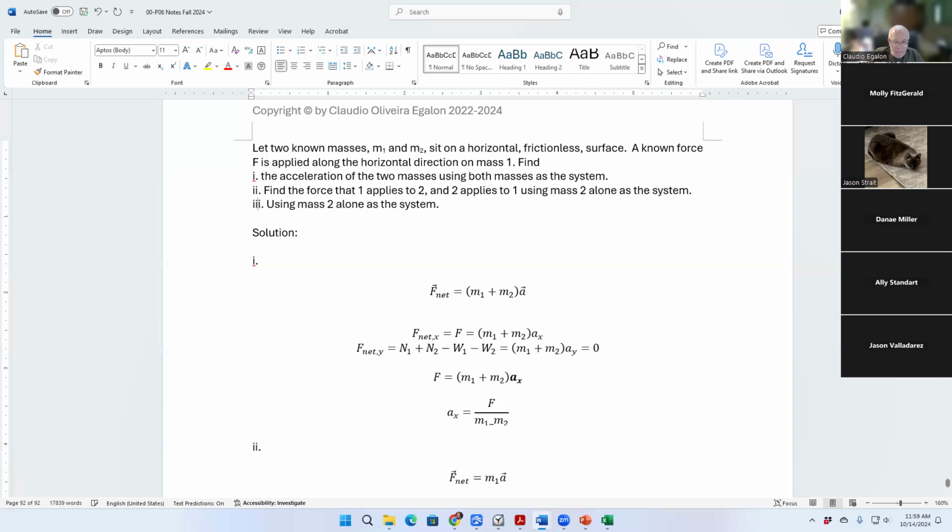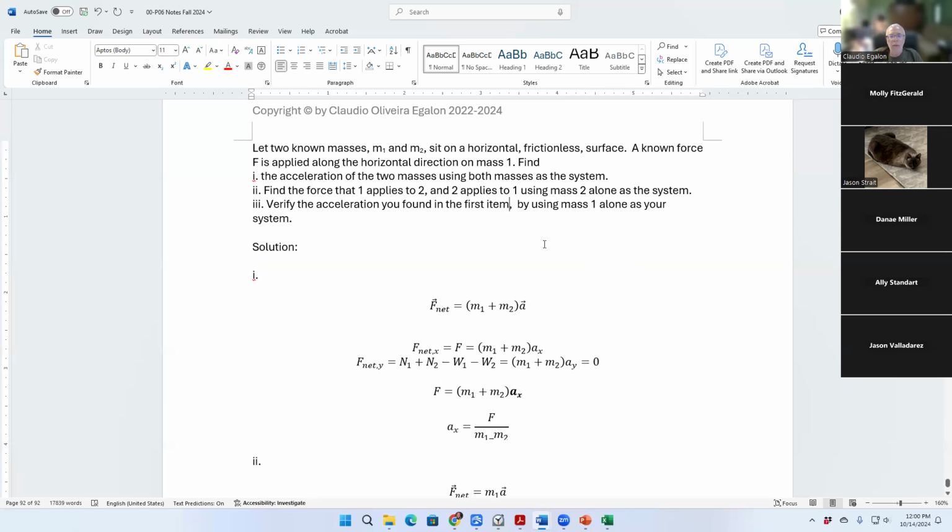What we're going to do here: verify the acceleration you found in the first item by using mass 1 alone as your system, okay?